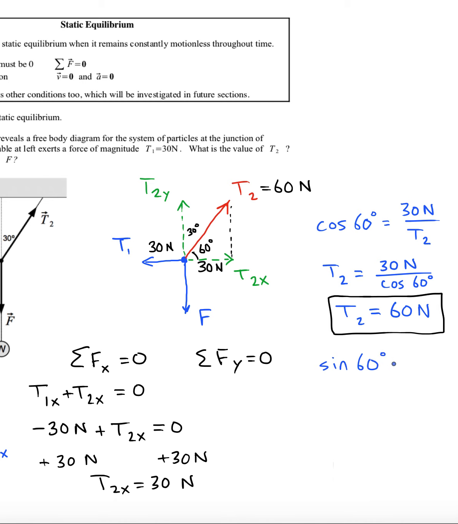Sine of 60 equals the opposite over the hypotenuse. So we'll get this. And it's 52 newtons.